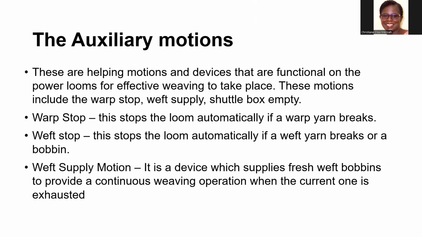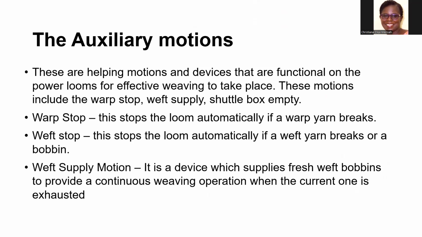Weft stop will also stop if there is a problem with the interlacing ones. The machine will stop for you to do the needful so that you start the loom again. If the weft yarn bobbin is empty, the machine will indicate that there's a problem. Then the indicator will show weft stop motion. So you go there and check.